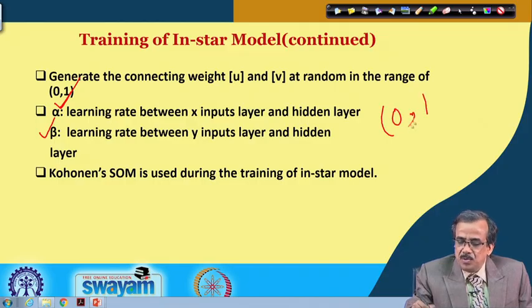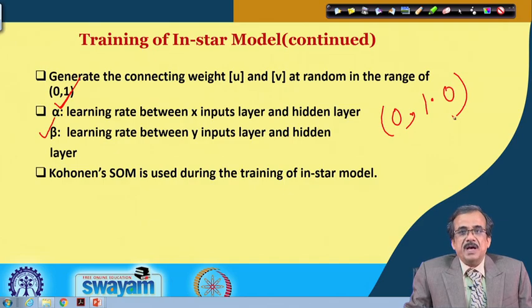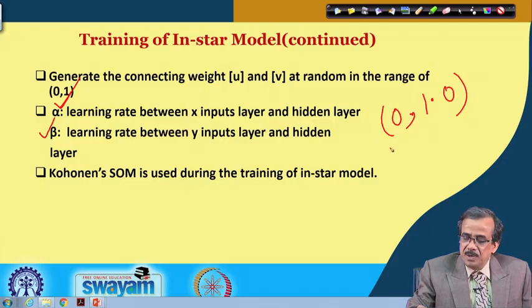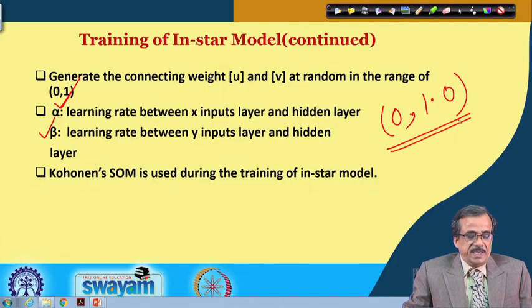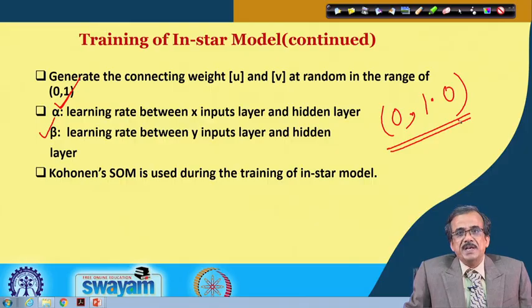So, they are going to lie in the range of 0 to 1, and those particular connecting weights and learning rates will vary in this particular range. Now, here as I mentioned, we are going to use the Kohonen's self organizing map just to find out who could be the winner lying in this hidden layer.